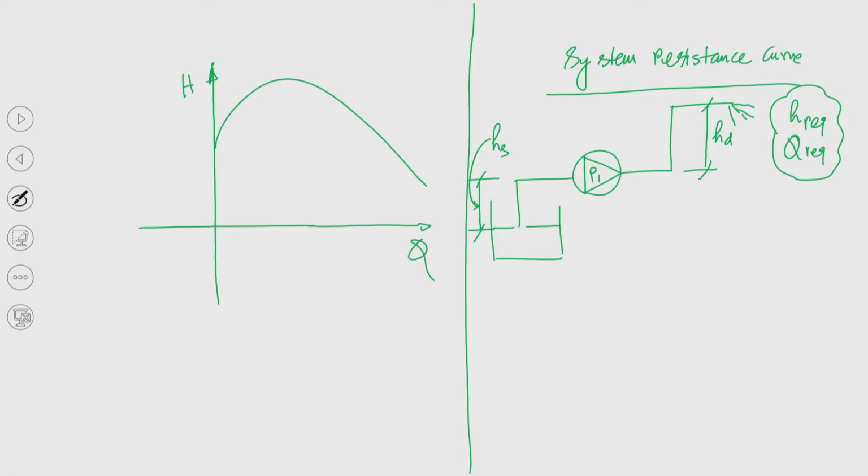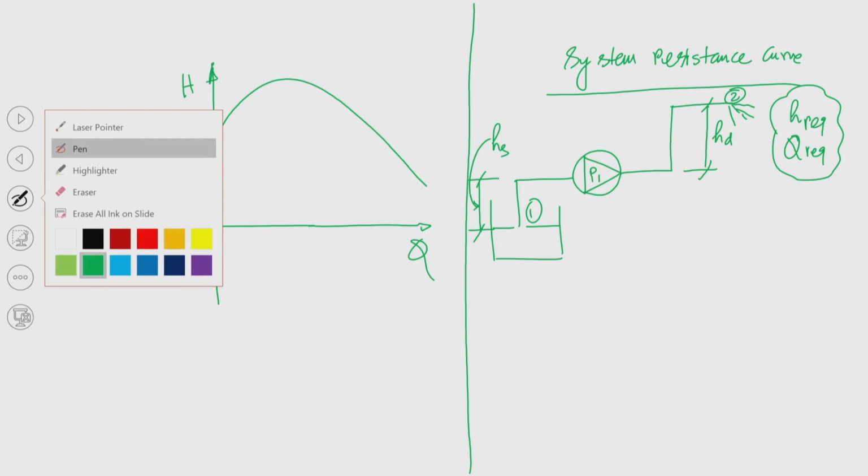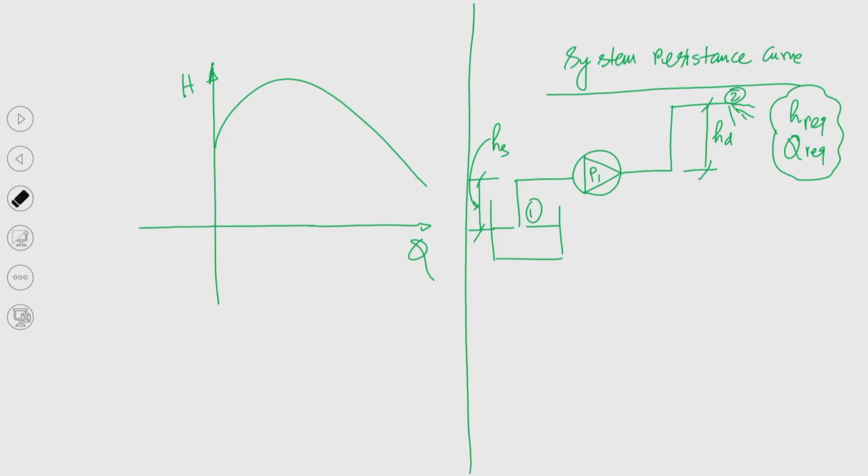If I label the points, this is 1 and this is 2. At the delivery point 2, the requirement is head H_r, but in fact I can write it in capital H. So, if I erase it, this is capital H, and this is Q_r.